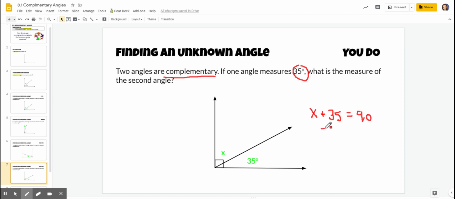We need to get x alone, so we subtract 35 from both sides. And once we simplify that, we see that x is actually equal to 55 degrees. So we'll label that over here in our diagram as well, 55 degrees. Okay?